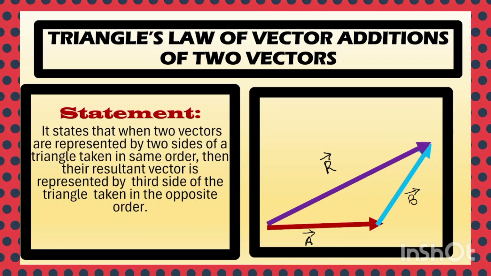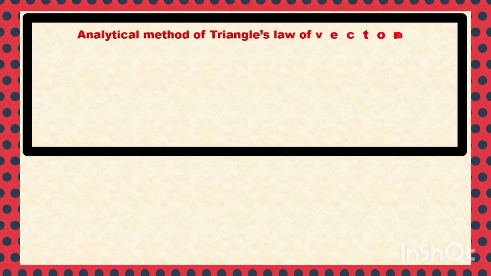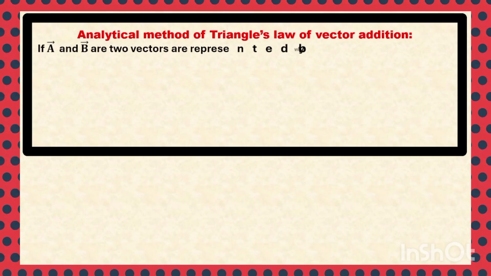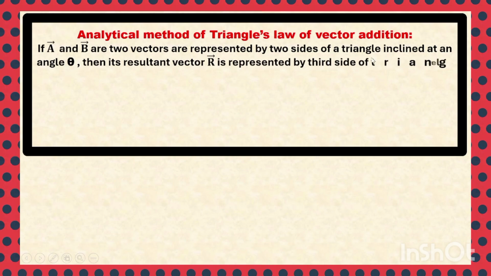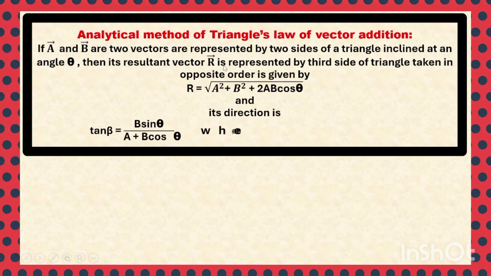I must be thankful for your patience and eagerness toward the class. Right? So here is the analytical method of triangle law of vector addition. If A and B are two vectors represented by two sides of a triangle inclined at an angle theta, then the resultant vector R, represented by the third side of the triangle taken in opposite order, has magnitude R equal to the square root of A square plus B square plus 2AB cos theta.